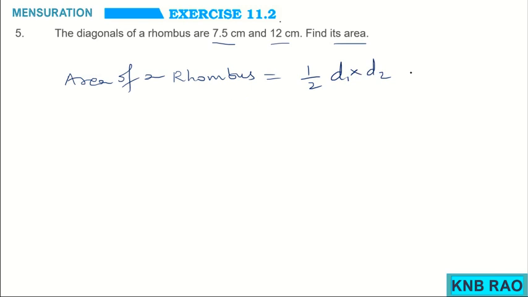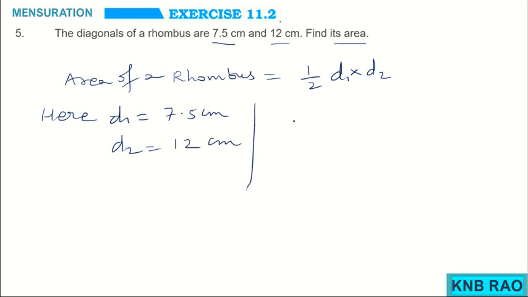Here in this question, D1 is 7.5 centimeter, D2 is 12 centimeter. On substitution, half into 7.5 into 12 gives us the product as 24 centimeter square.